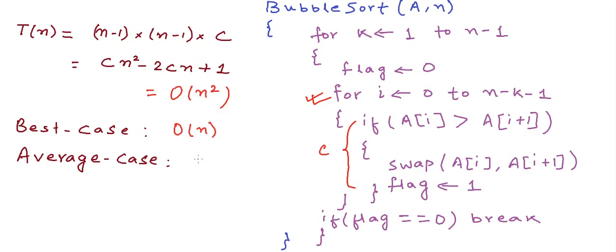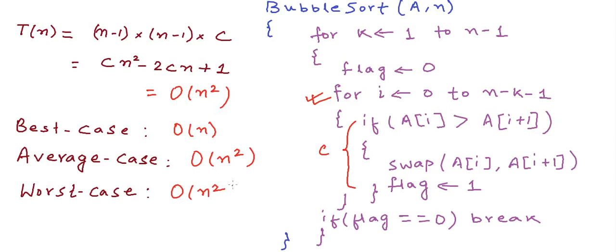If we deduce the time complexity expression, it will still come out as something like an square plus bn plus c. So in the average case also this will be big O of n square, and in the worst case the outer loop will also run n minus 1 times, and we will be big O of n square.